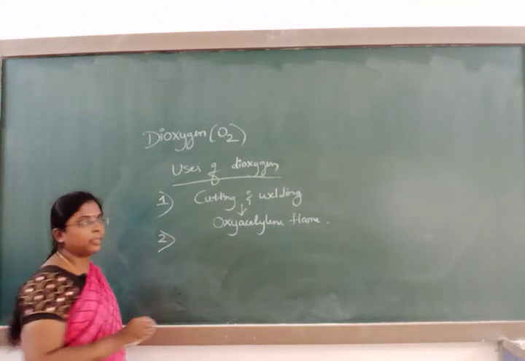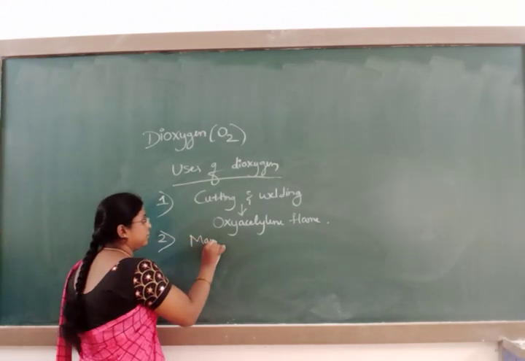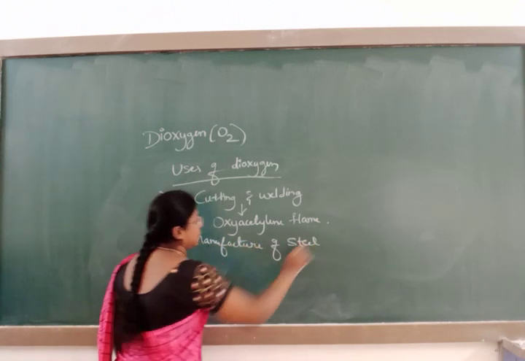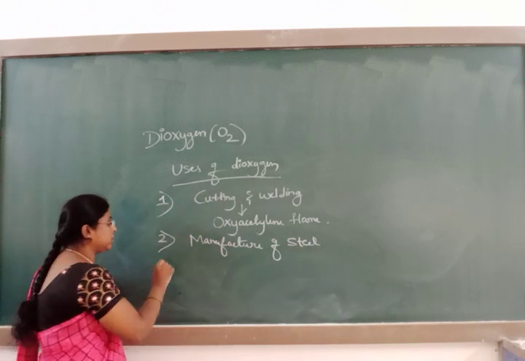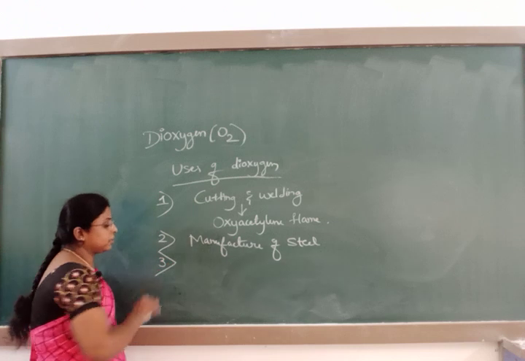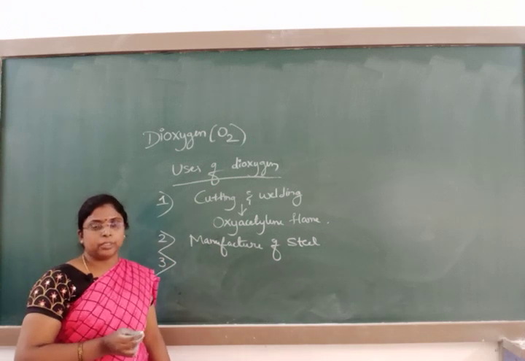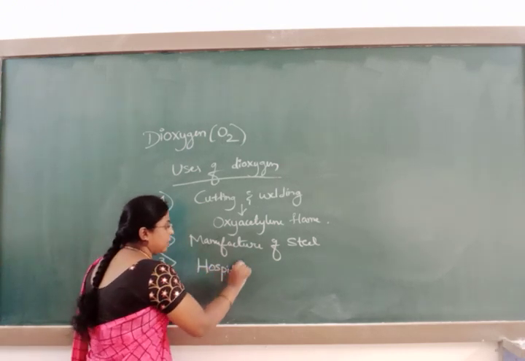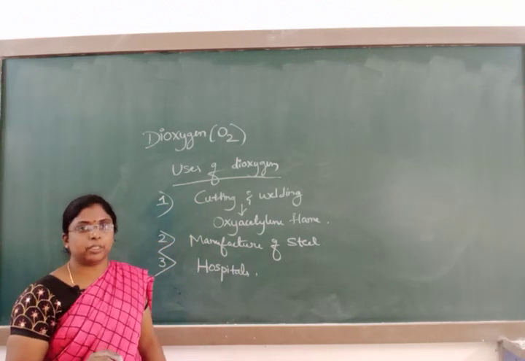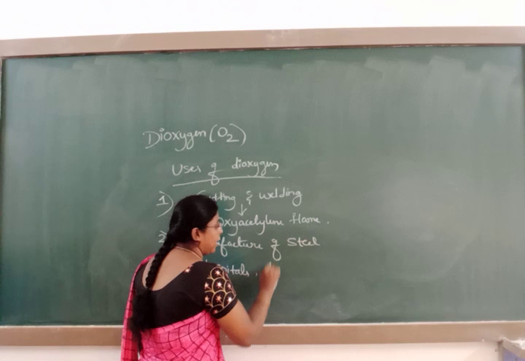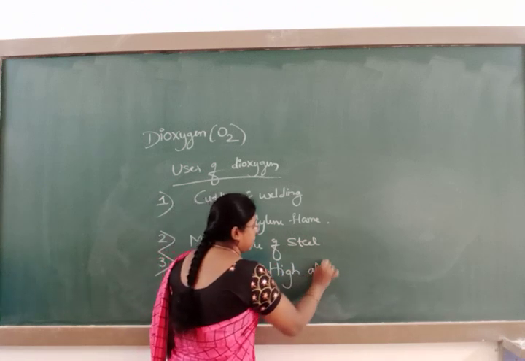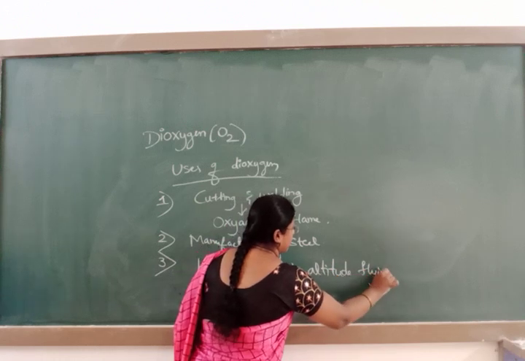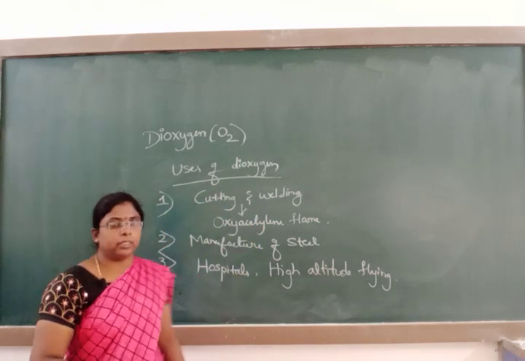It is used in the manufacture of steel. In various industries also, dioxygen is used in manufacturing. Dioxygen is used in hospitals in the form of oxygen cylinders, in high altitude flying, even in mountaineering.